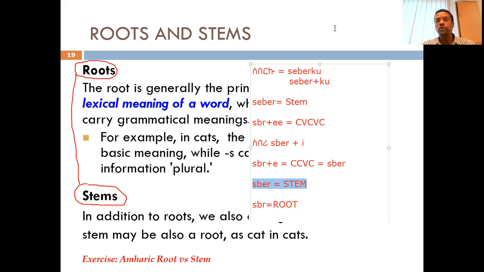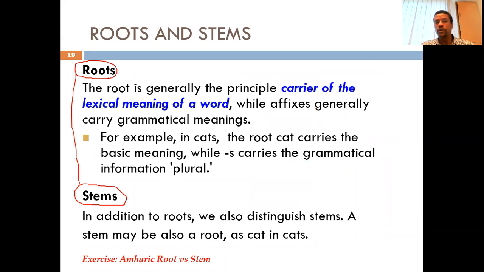So it depends on the language that you study. Some of them might have a root, some of them might not. But this is the distinction between roots and stems. The root is generally the principal carrier of the lexical meaning of the word, while affixes generally carry grammatical meaning. Affixes are attached to the stem or to the root, and whenever they are attached, they show some grammatical function.